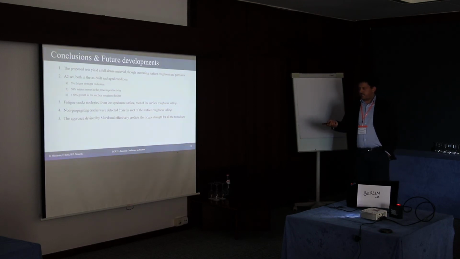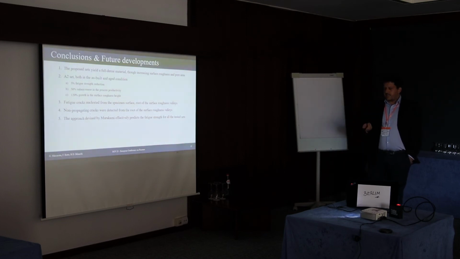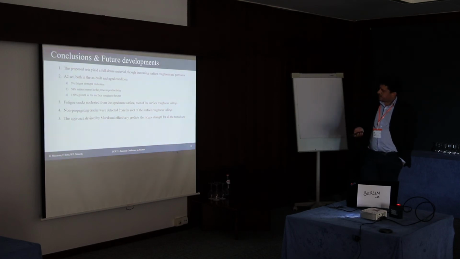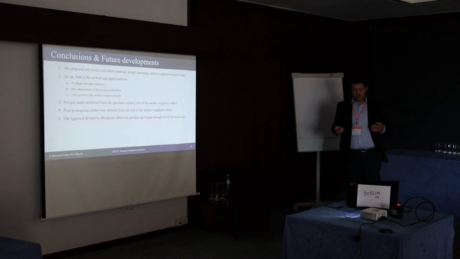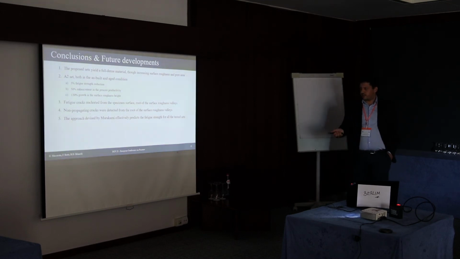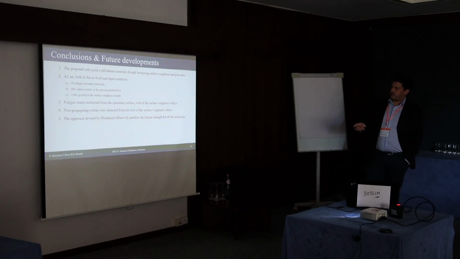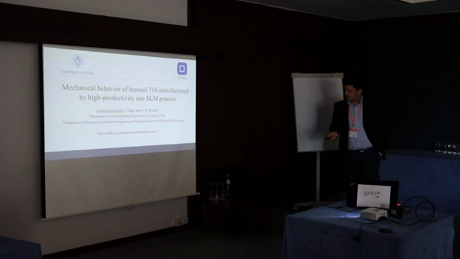We have a decrease in fatigue strength only related to how steep the valley is, but in the as-built surface we already have valleys that are the governing factor for the fatigue of the specimen. And so we have a huge increase in the surface roughness, but only a very low decrease in the fatigue strength. Thanks for the attention.